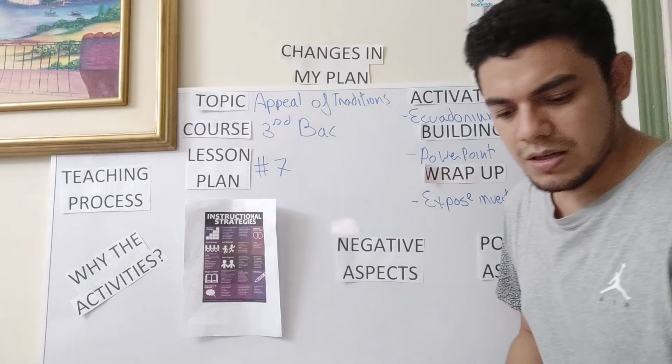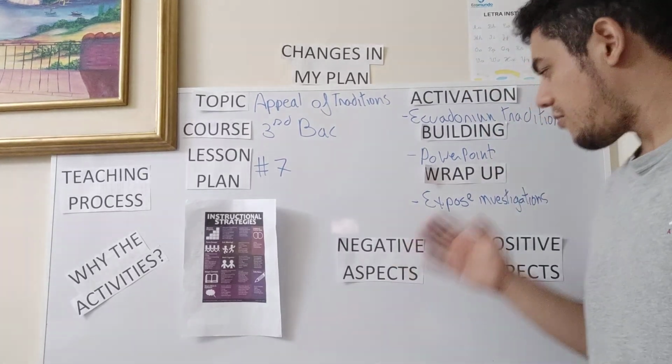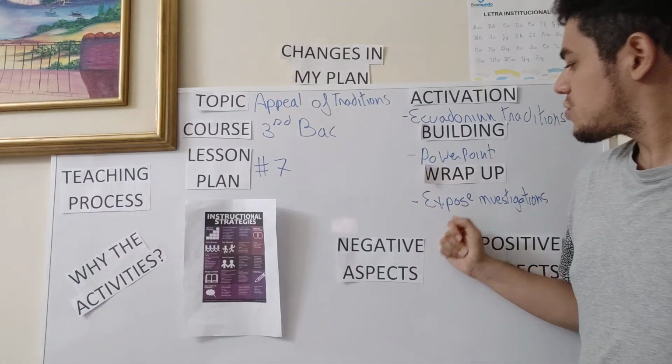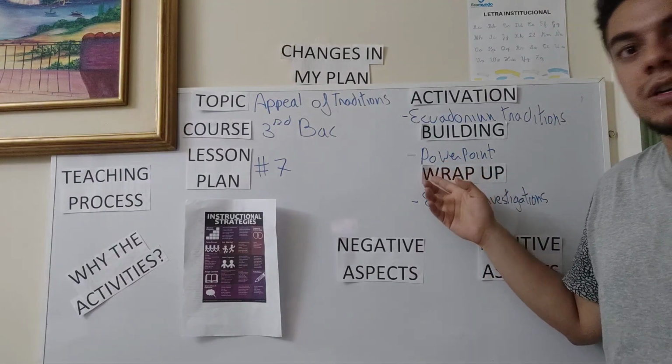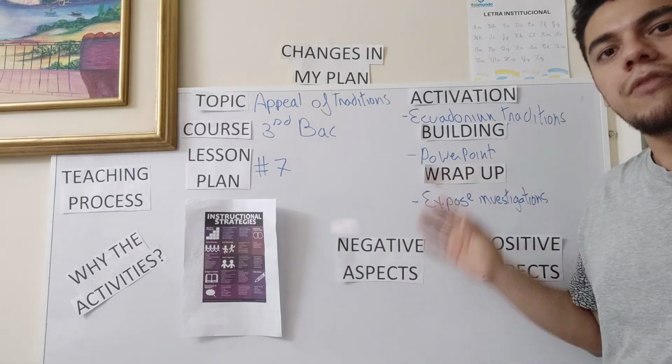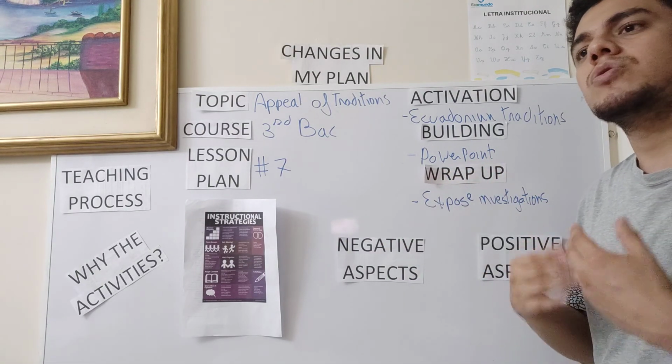Okay. So then in the wrap up, in this part, they have to prepare what they are going to say in the presentation, and they are going to have 3 minutes to expose ideas.